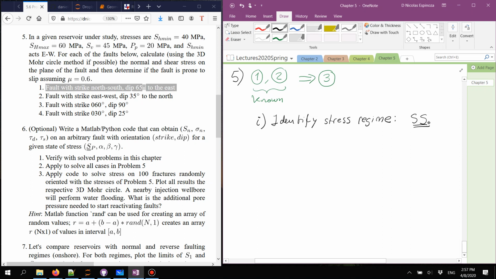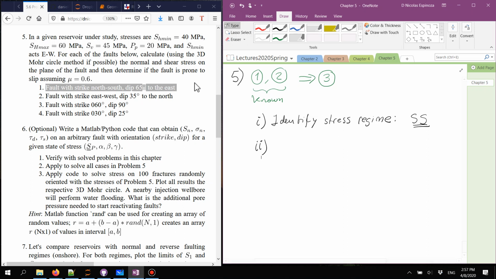The second thing that we're going to do is to identify the most suitable schematic that we're going to use in order to solve this problem. And that's going to depend on the orientation of the fault and also on the orientation of the stress regime.